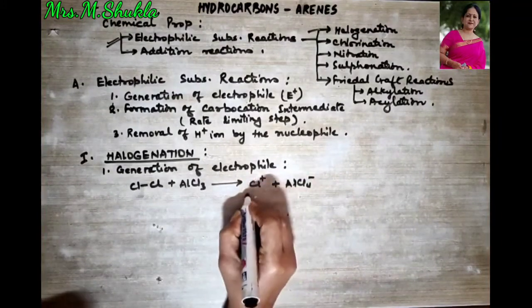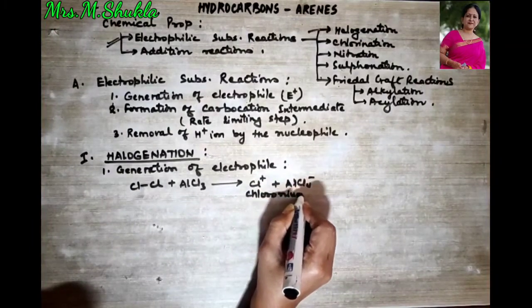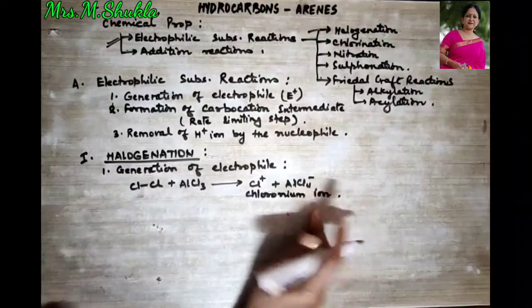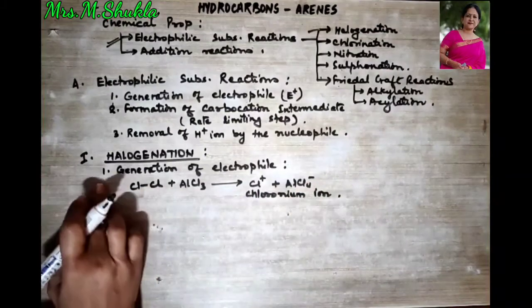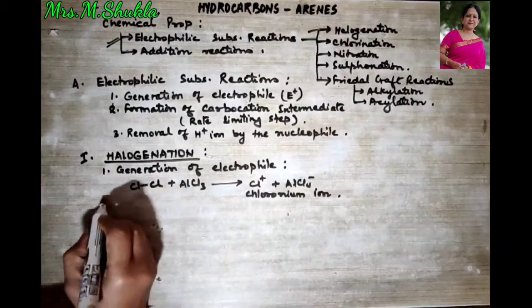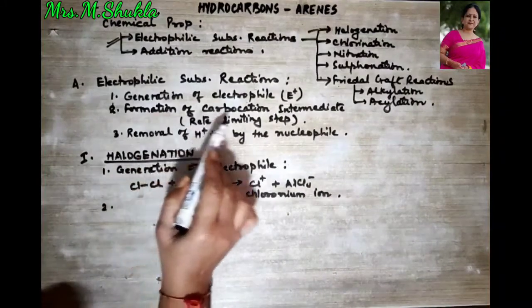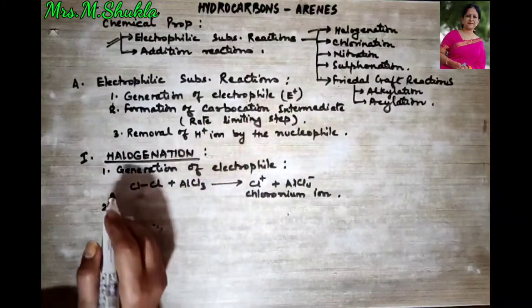It is also called chloronium ion. What is it called? It is called chloronium ion. So this was your first step, that is generating our electrophile. Now the second step is what? Formation of carbocation intermediate, and as I said, it is a rate limiting step.